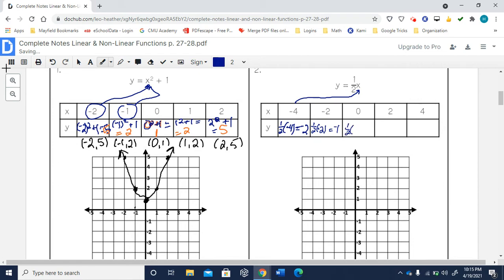Half of 0, which is 0. I'm going to do half of 2, which is 1, and half times 4.